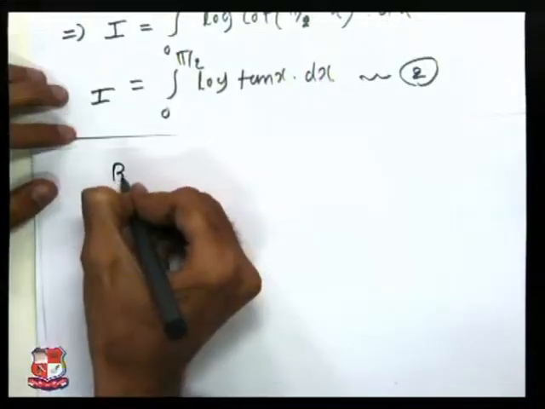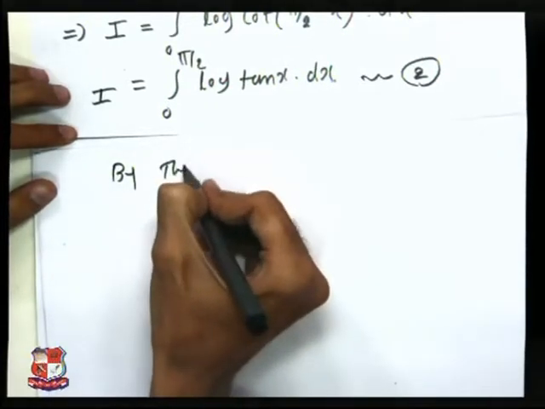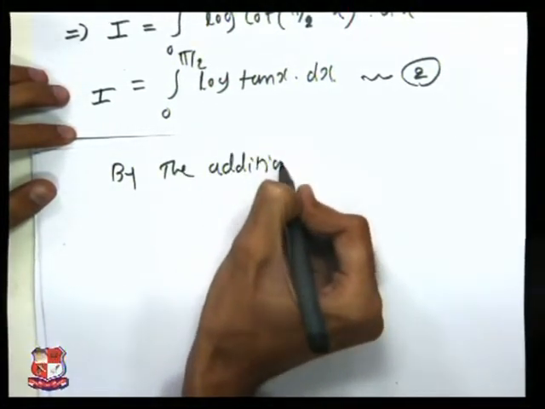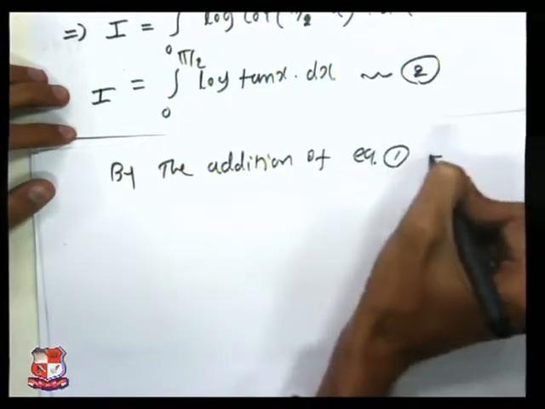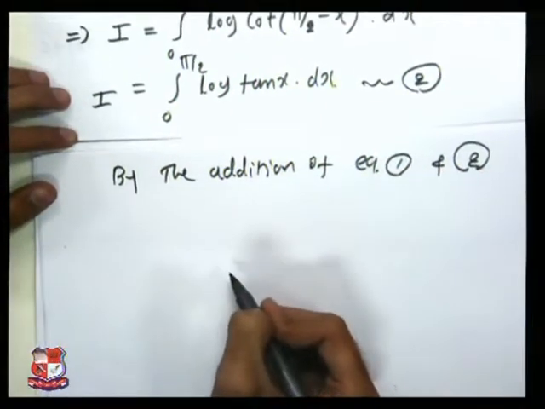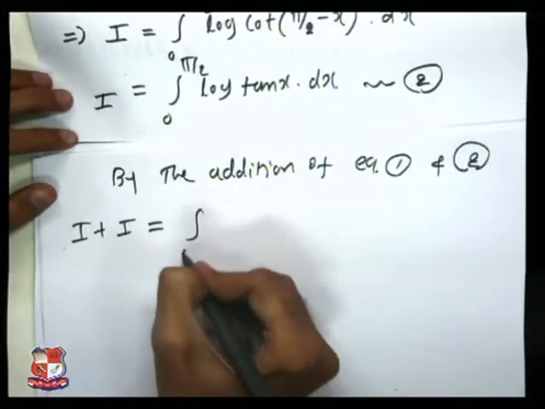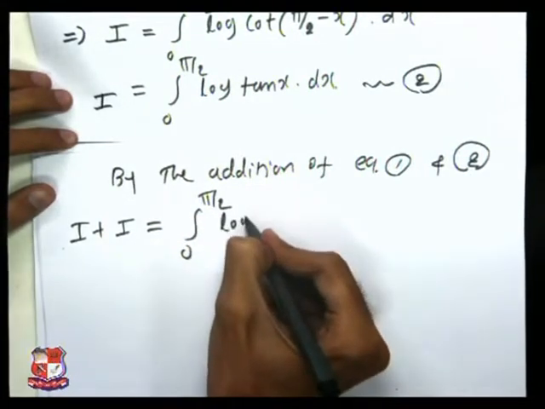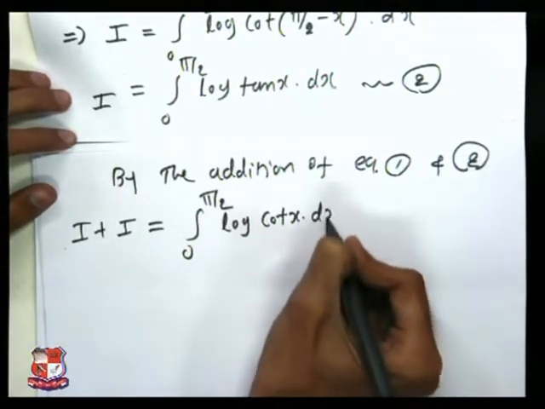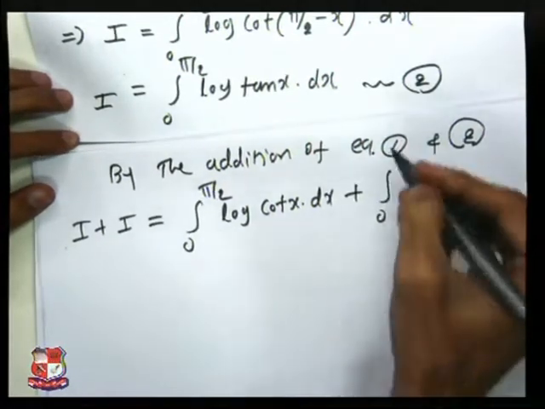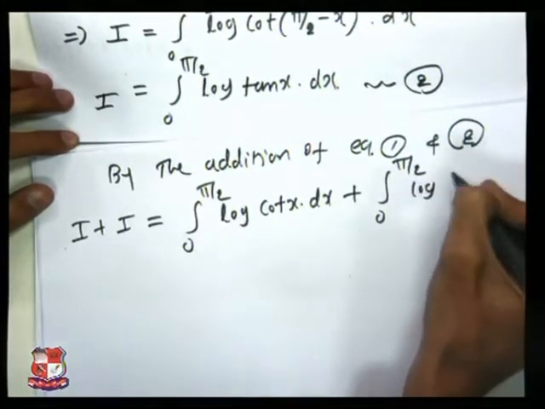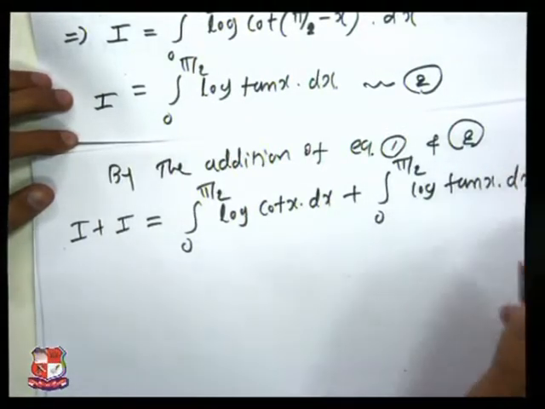So by addition of equation number 1 and 2, we will get I plus I, that is equal to integral 0 to pi by 2 of log cot x dx plus integral 0 to pi by 2 of log tan x dx.